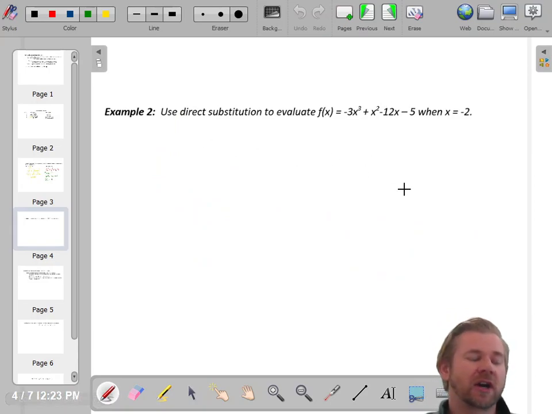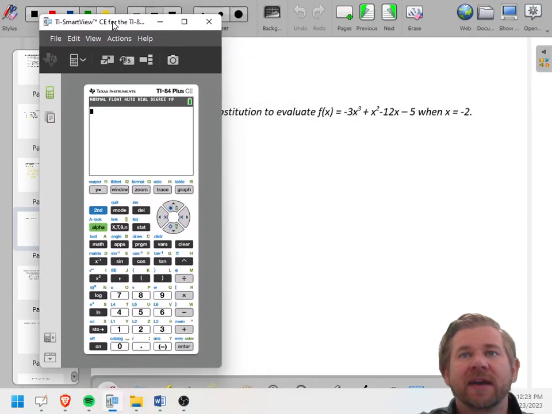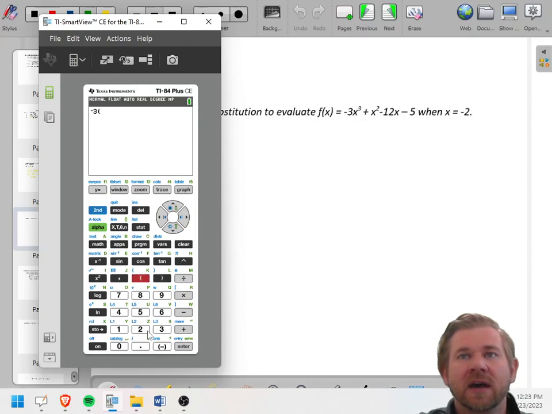The other thing we're going to talk about is substitution, and this is called direct substitution. This is what we normally do. If it says when x equals -2, they just want you to plug in -2, and I'll use my calculator. -3 times -2 to the 3rd, plus -2 squared, minus 12 times -2, and then minus 5.